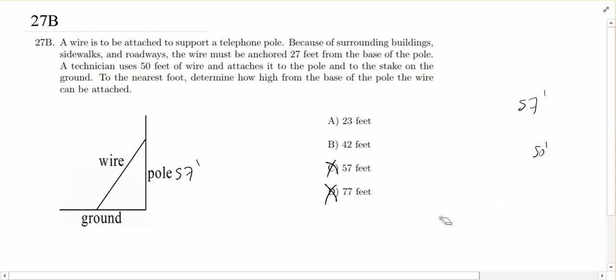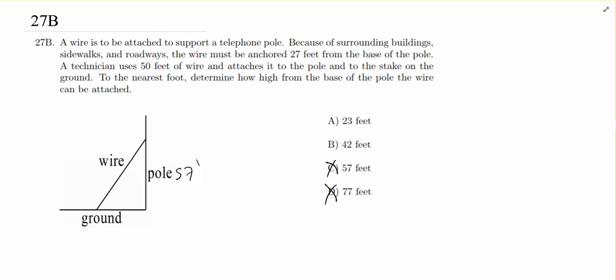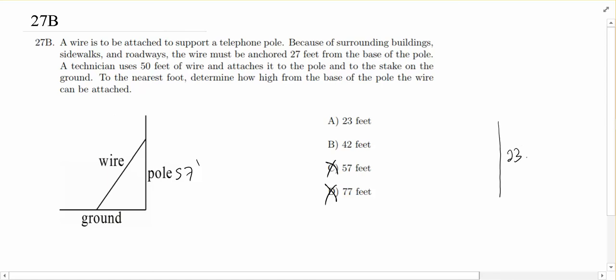So let's go on the other end of the spectrum. Let's say that you climb 23 feet up the pole and you have your 50 feet of wire that you drop down. So now your buddy can actually grab it. If you walk 23 feet up the pole and you drop 50 feet of wire down, your buddy then walks over by 27 feet, and you had 50 feet of wire.